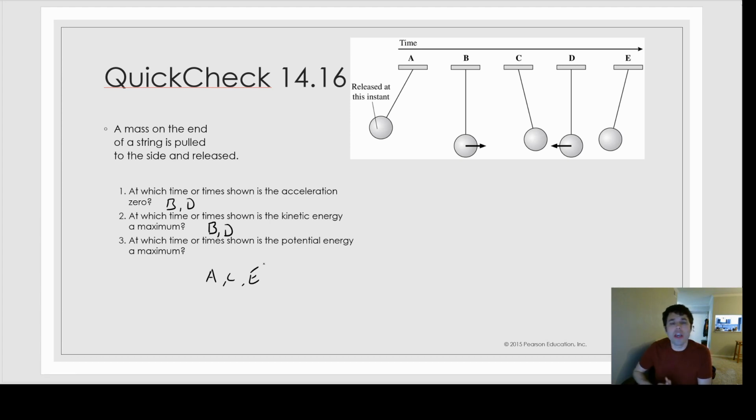That is a quick and dirty of harmonic motion. If you have any questions over the video, the bookwork, the FRQs that have been assigned to you, please do not hesitate to message me. I'll be waiting around, on the edge of my seat, waiting for messages because I am bored out of my mind, as many of you probably are also. But at least you got something to do now, right? Silver lining here.